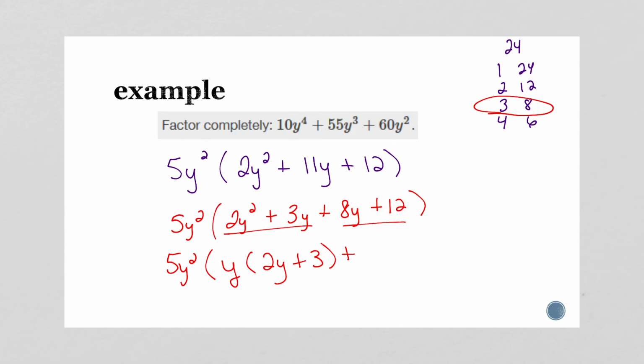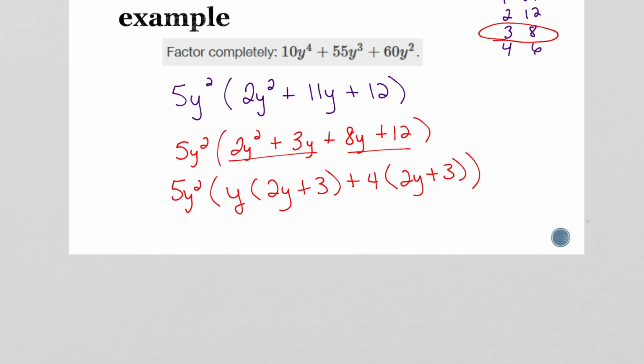They have a 4 in common, so I'm going to factor out that GCF. What times 4 would give you 8y? 2y. And what times 4 would give you 12? Plus 3. And by the way, this parenthesis goes with this one, right? This one goes with this one, but this one needs a closed parenthesis. That's why I would put an extra one at the end, just for the sake of closing it.